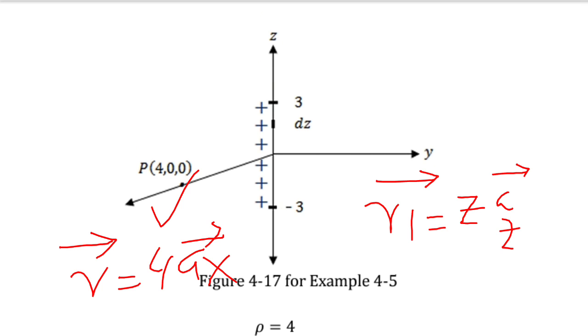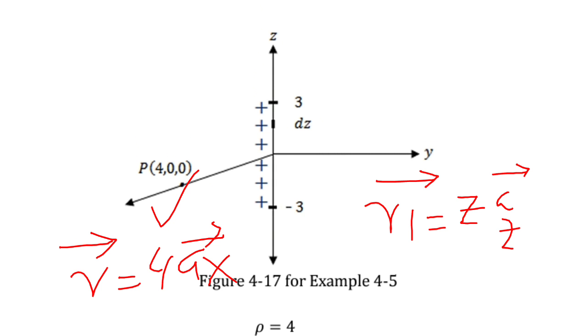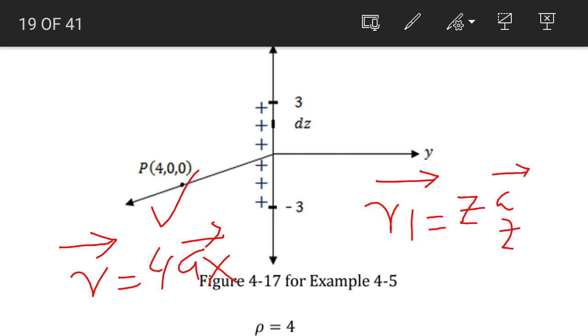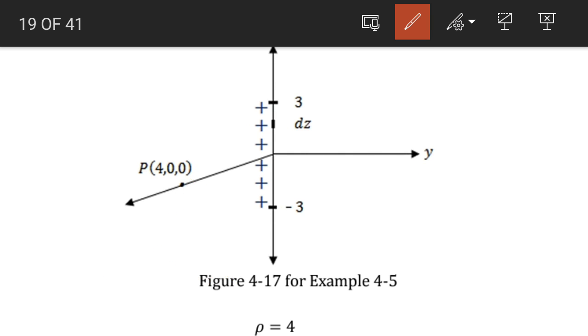Is it clear? Yes, it is clear. So if we consider rho is equal to 4, we assume that, you see, this is rho, which is basically equal to 4.